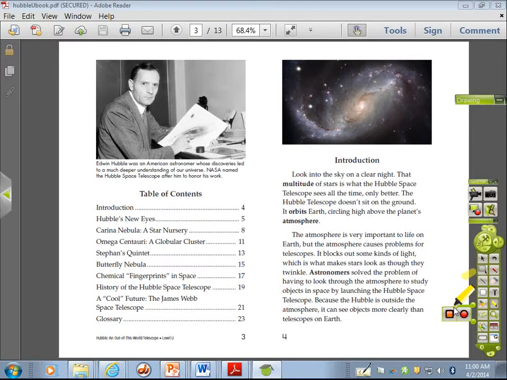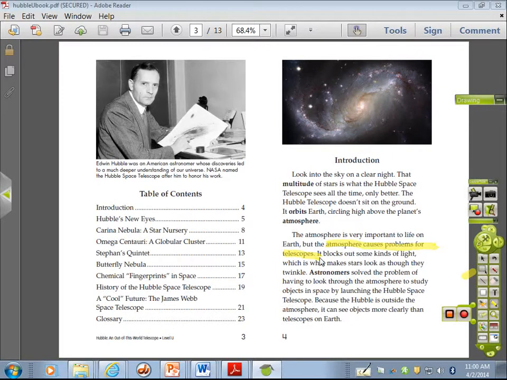So isn't that a question right now? Is anyone going, why did we put a telescope in space right now? So we can learn more about space and see farther into space. The atmosphere is very important to life on Earth, but the atmosphere causes problems for telescopes.